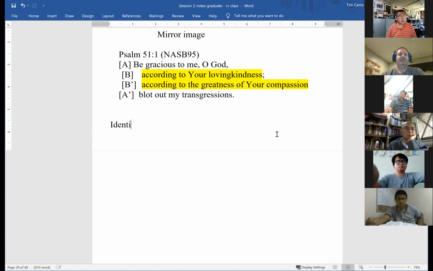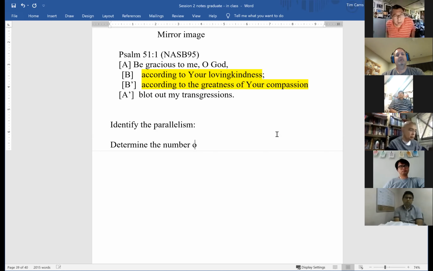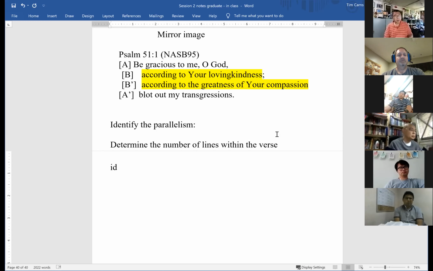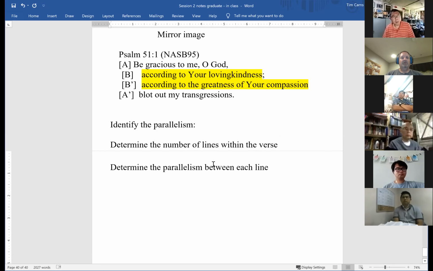To identify the parallelism, you first need to determine the number of lines within the verse, and then determine parallelism between each line. How you determine the number of lines will be given by the translation.